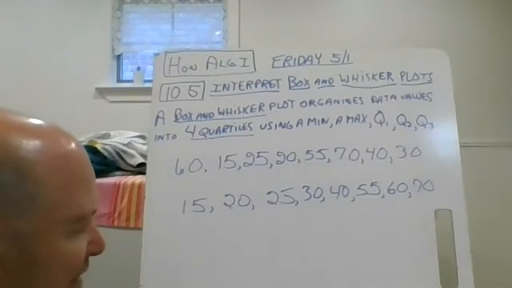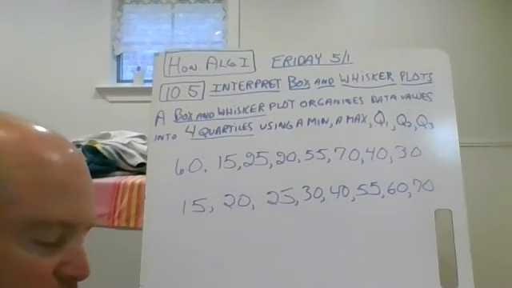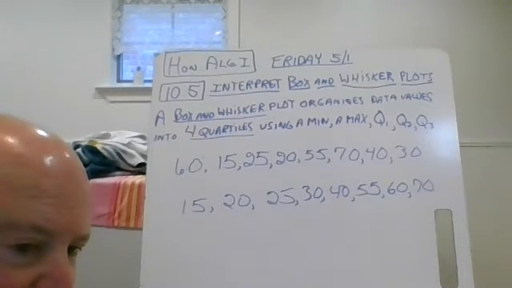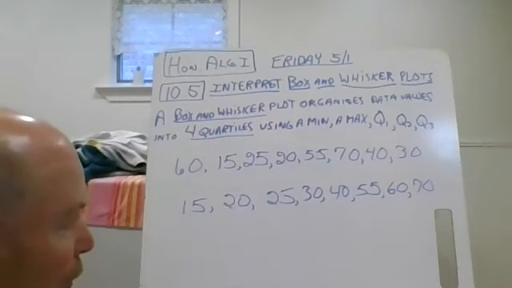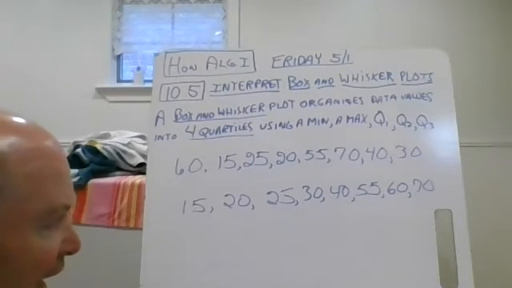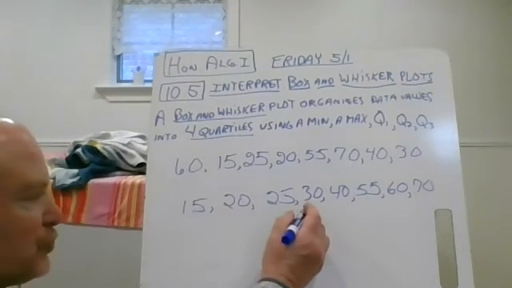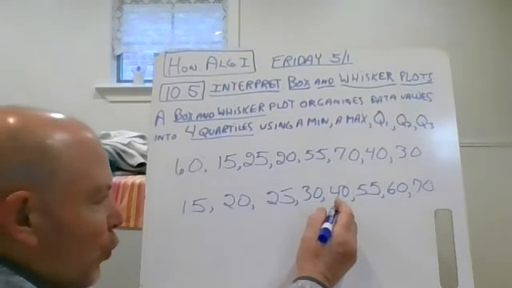There are 8 values, so it's an even number. So what are the 2 middle ones? 30 and 40. So what? 4 and 5, right? So here's 4 is 30 and 5 is 40.